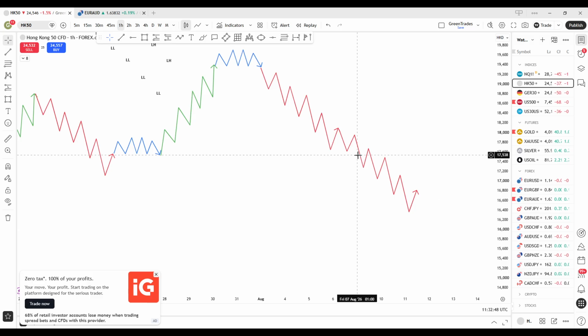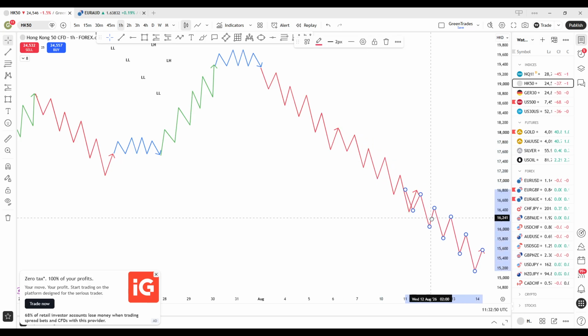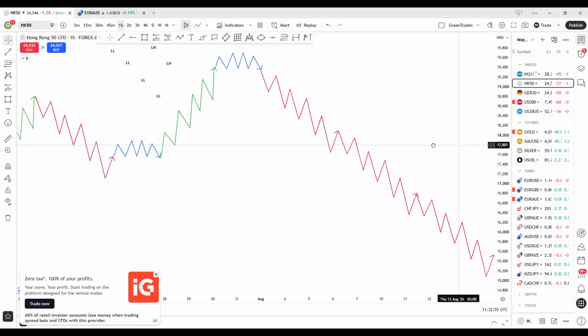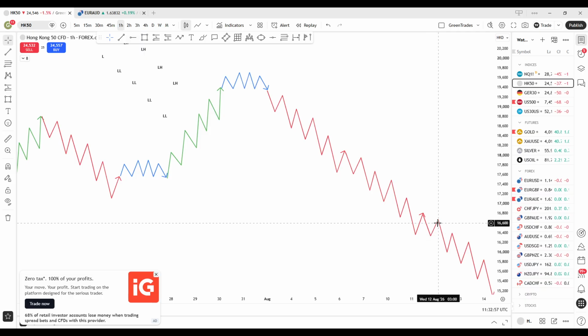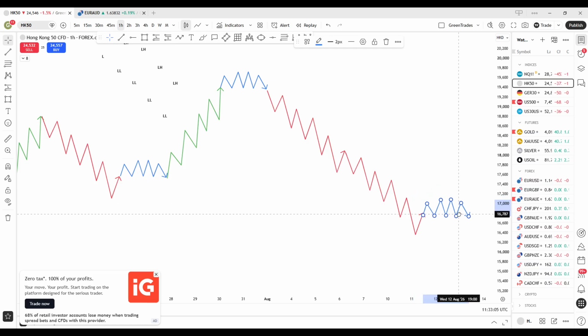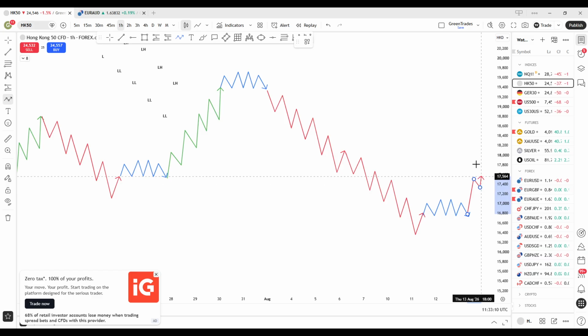It can keep going down. It can just keep doing that. Or maybe at some point, it can consolidate a little bit more. And then new highs can be made from here.